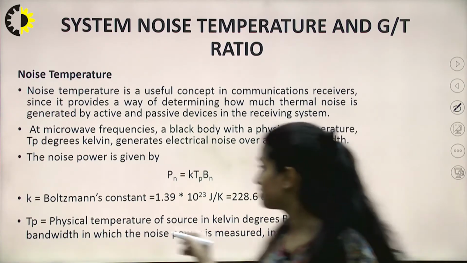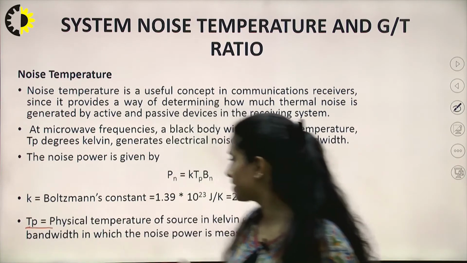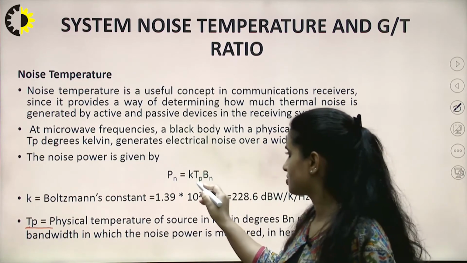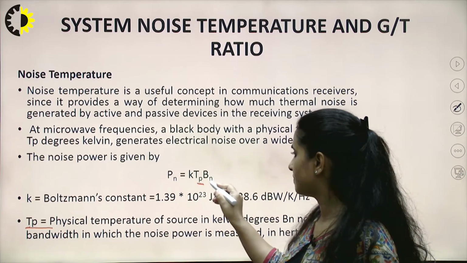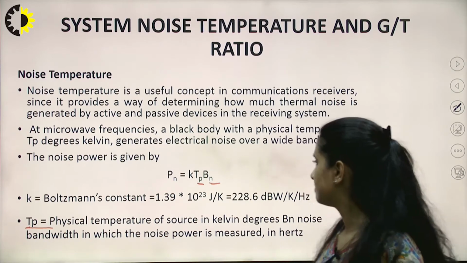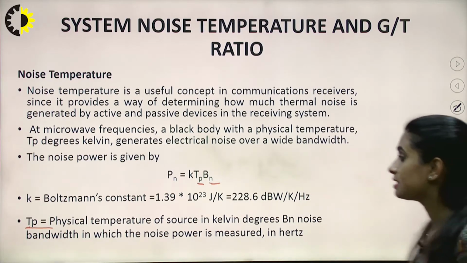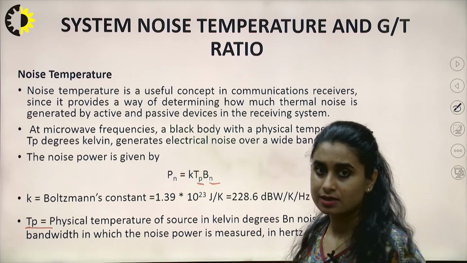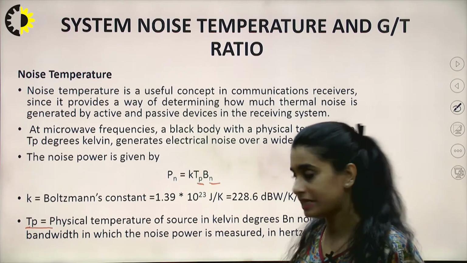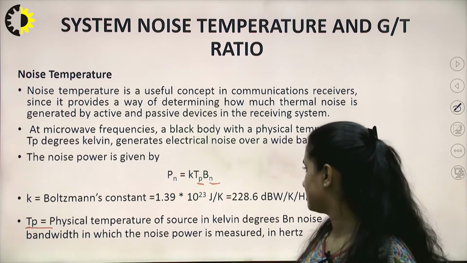So this is the physical temperature. Another thing, Bn, is the noise bandwidth, the bandwidth in which noise is generated, in hertz, right?